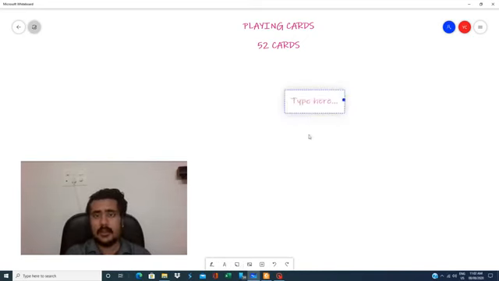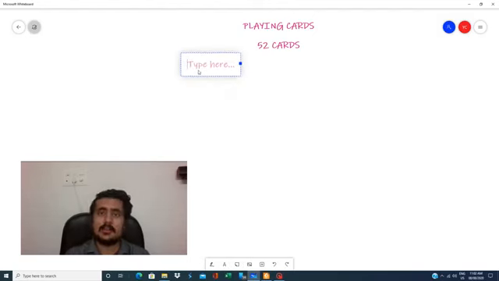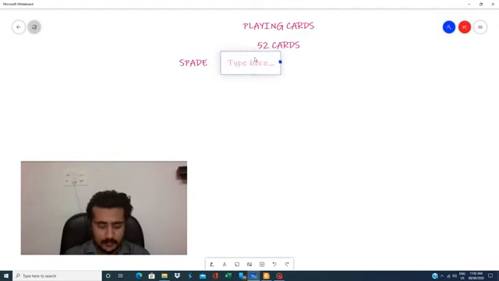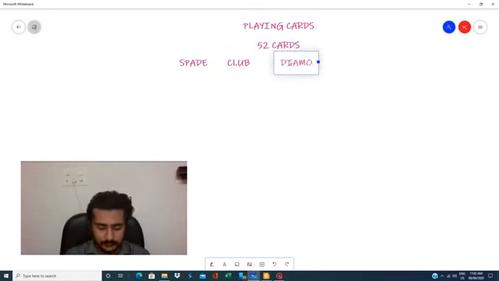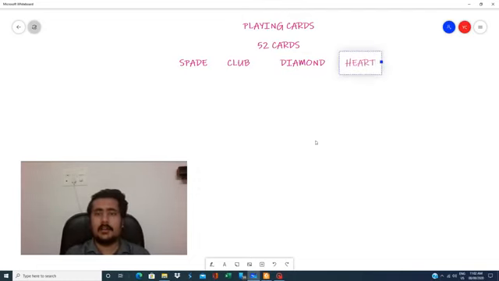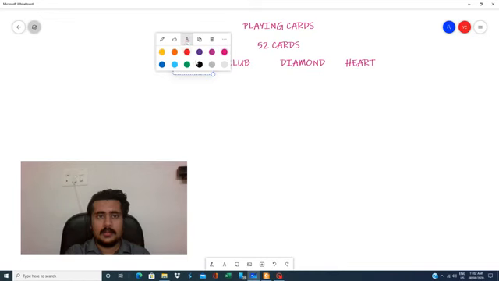These 52 cards are divided into four patterns or designs, you can say. Which are like this: spade, club, diamond, and heart.